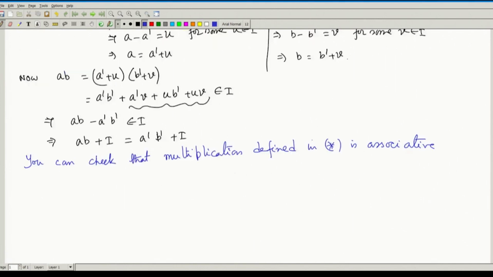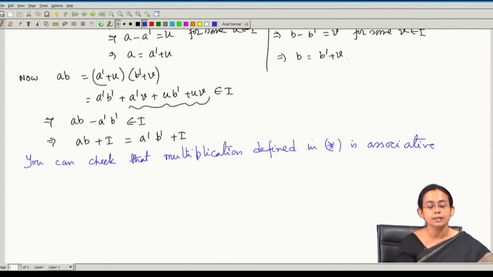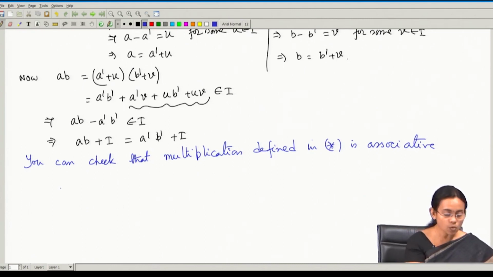So, this multiplication is associative, and what will be the multiplicative identity in this case? The multiplicative identity will be nothing but the image of the identity element in the left cosets.